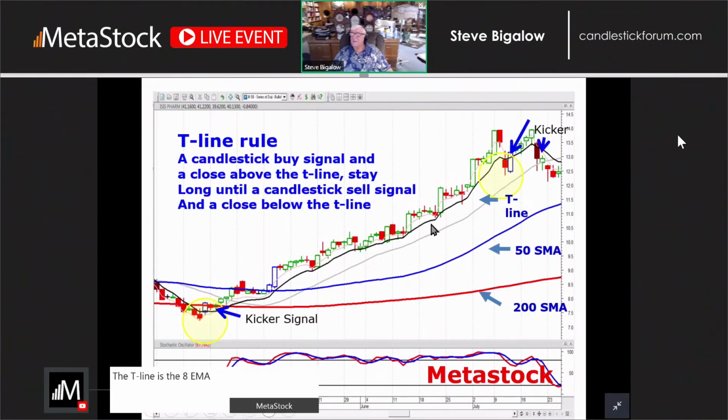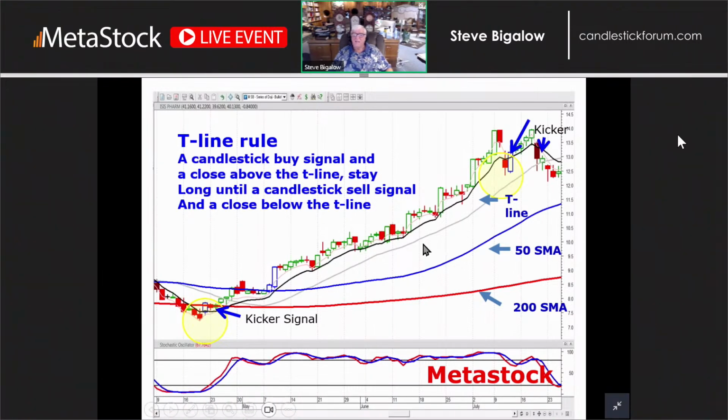Now, why is this important for most investors? Because if you were like me before candlesticks came along, I was the worst investor in the world. And what is the biggest bugaboo of most of our investing? Our own emotions. And this basically takes your emotions out of your trading, keeps you in positions. So there would be times where I'd say, oh, I'm smart.